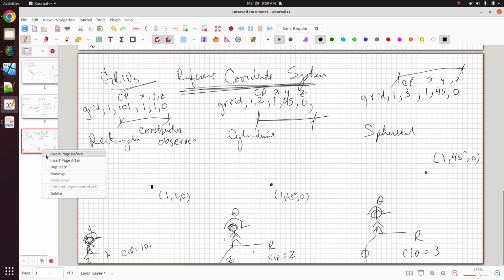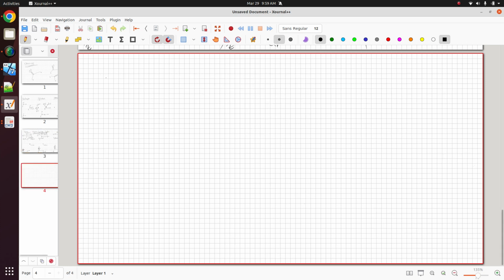But then we have another coordinate system that is called the displacement coordinate system. In this coordinate system, this is where you're going to be observing the displacements.